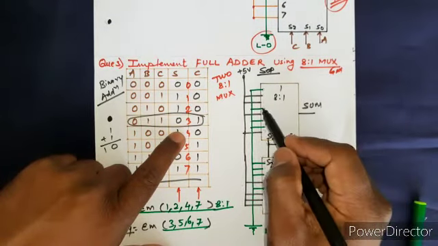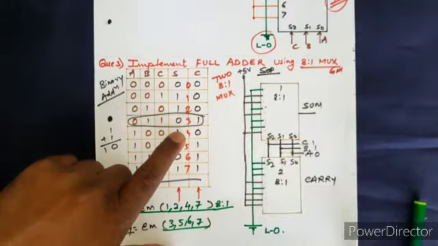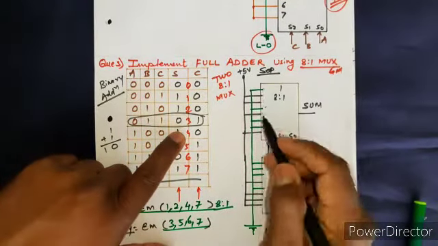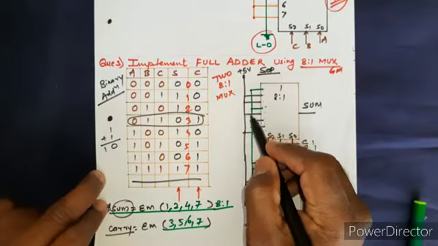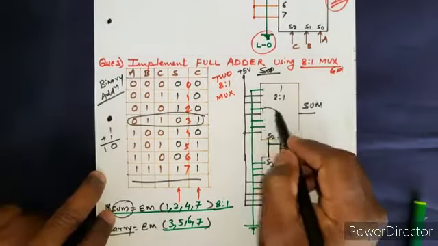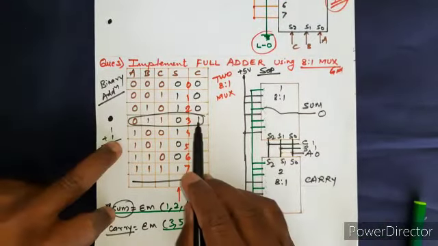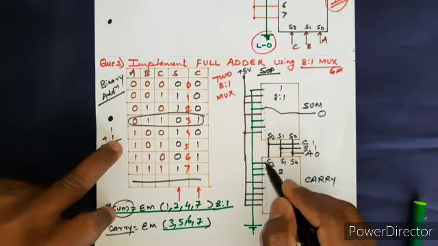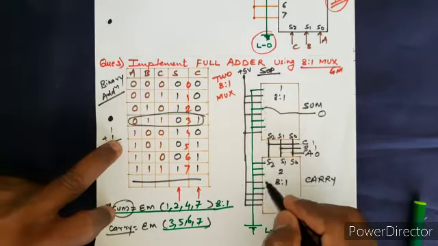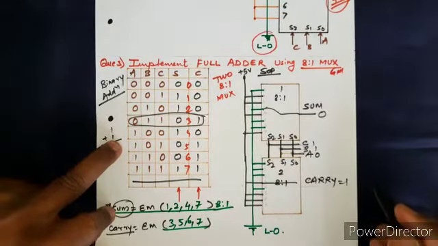Now 3 for the sum input is connected to 0, so this sum output is 0. And for carry it is 1. So 0, 1, 2, 3, this 3 is connected to 1, so carry is 1.